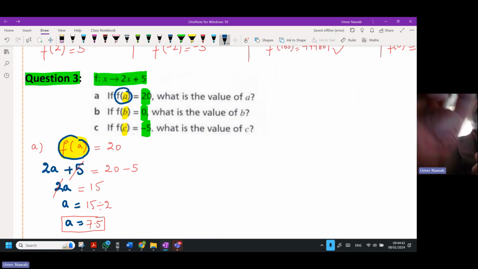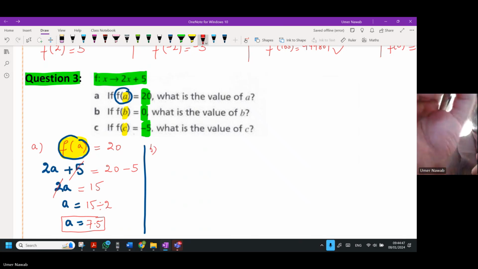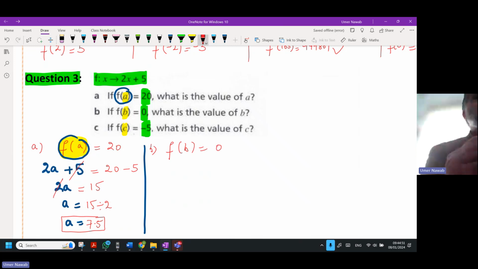Let's do the second part. Guys, he gave you f of b is equal to 0. So again, output is given, but I am looking for input. I can use calculator directly, but I have to show the method. So f of b is what?